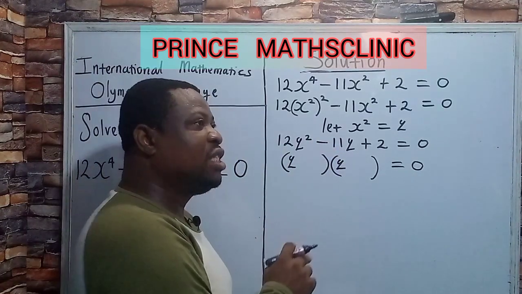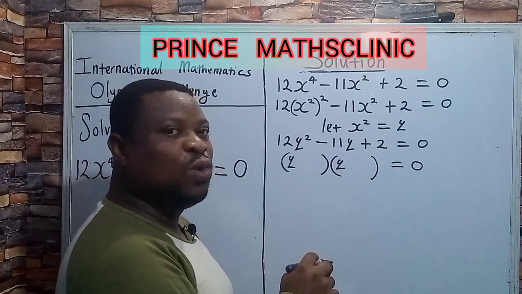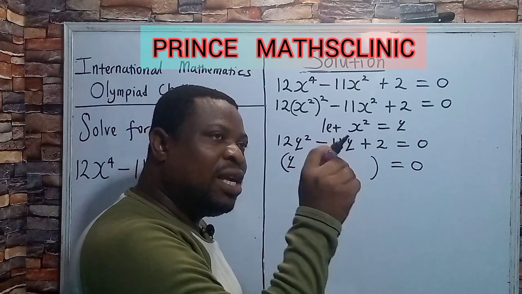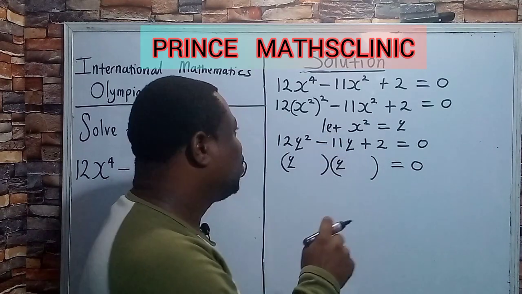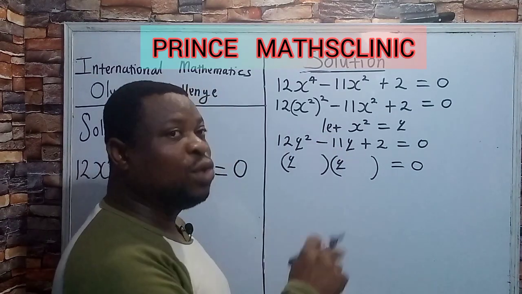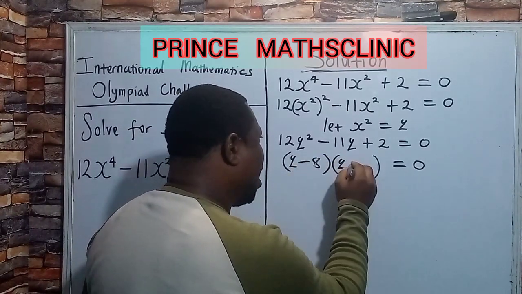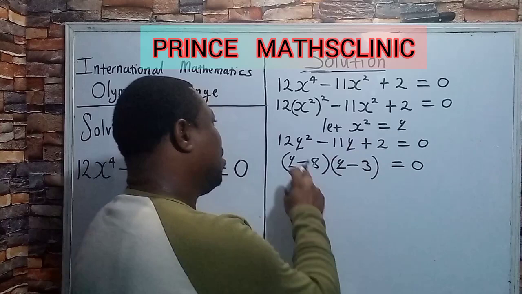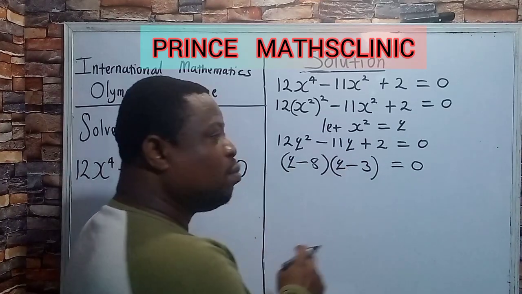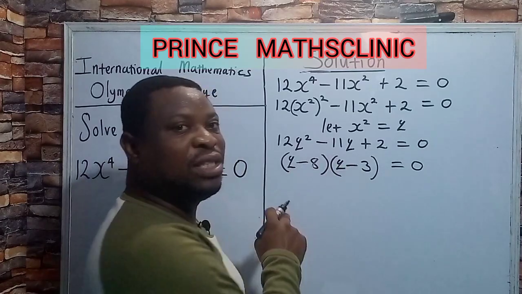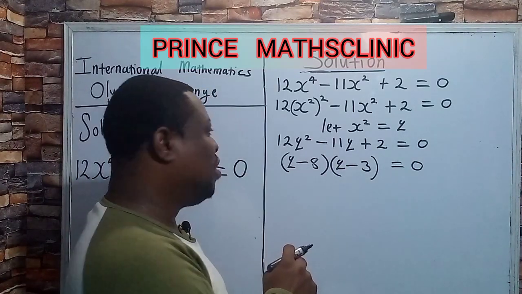Now, the trick is this: 2 numbers that will give you 24 should be added together to also give you minus 11. And those 2 numbers are simply minus 8 and minus 3. Minus 8 times minus 3 gives you positive 24, and minus 8 plus minus 3 gives you negative 11.